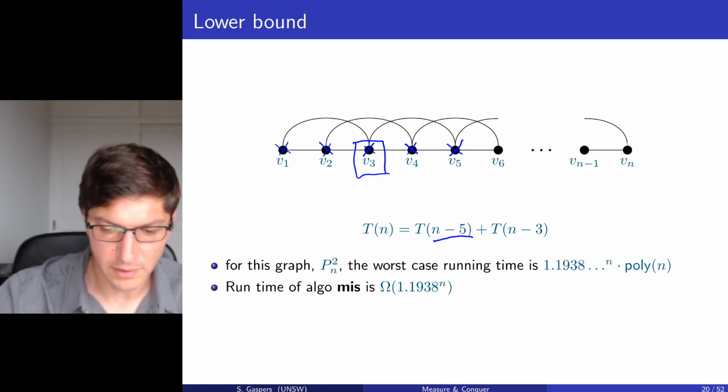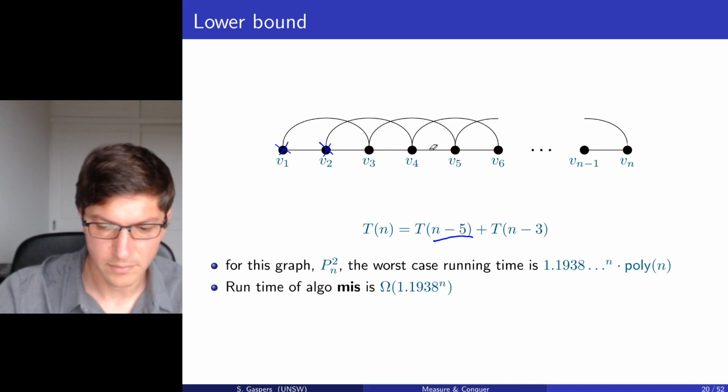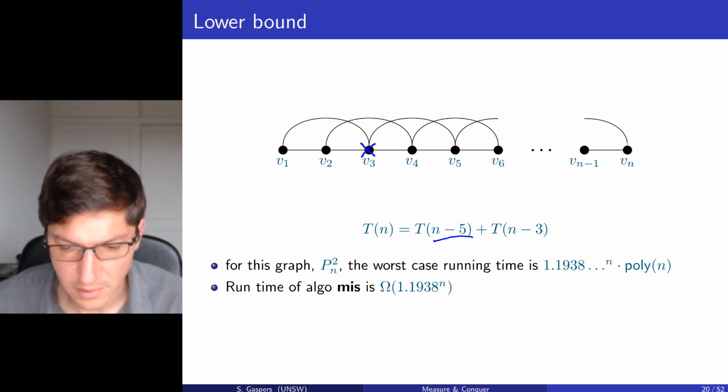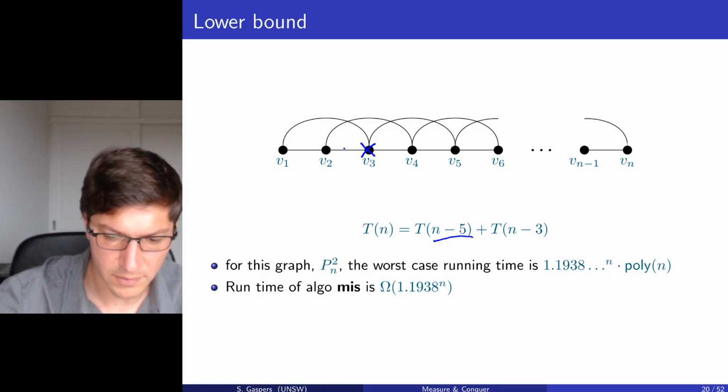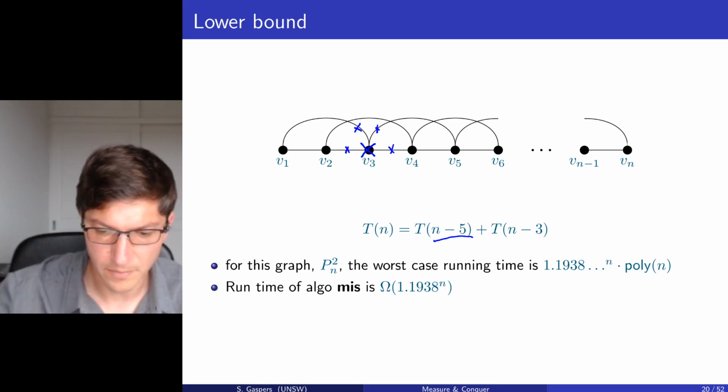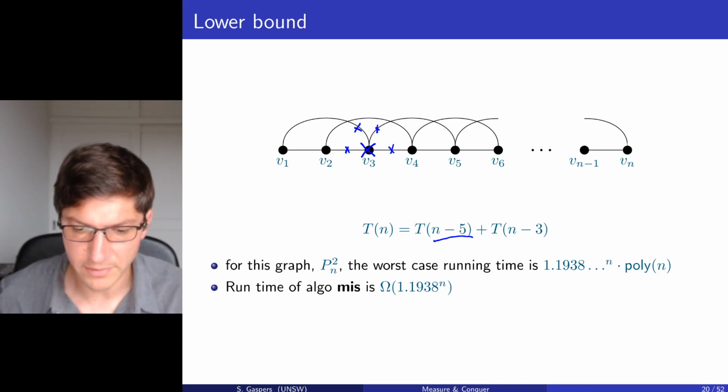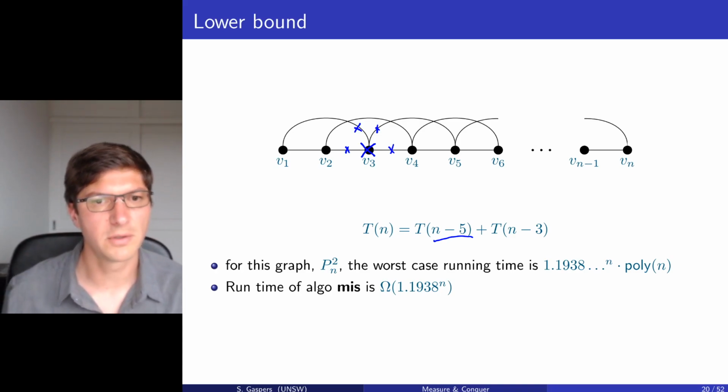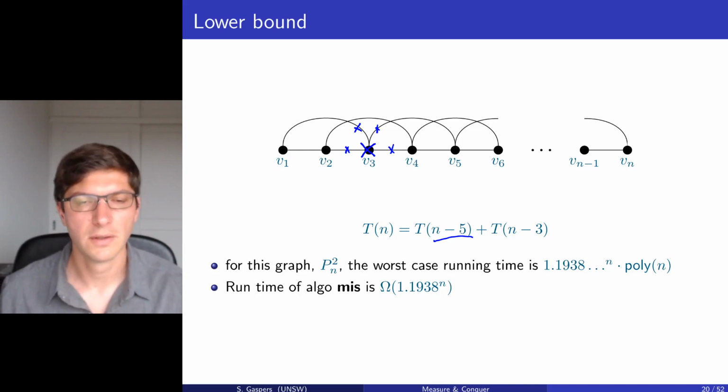But what happens if the algorithm discards v? In the second branch, it just says, okay, v is not part of my independent set. So this edge here disappears, this disappears, this one and this one. And so v1 has become a degree 1 vertex.